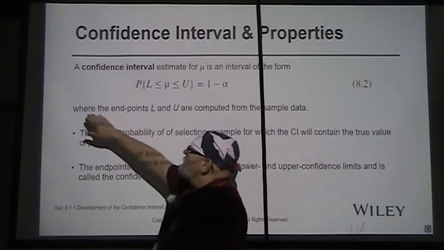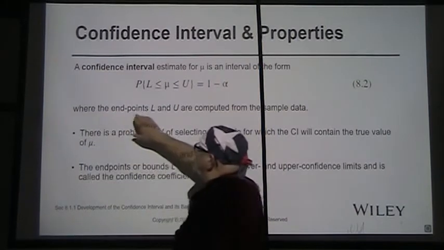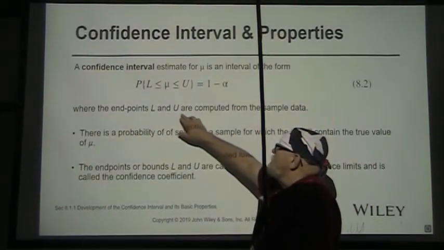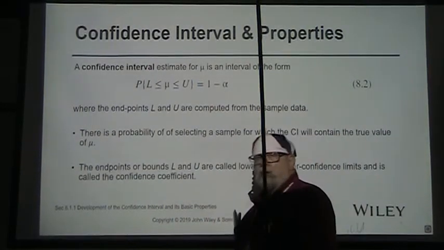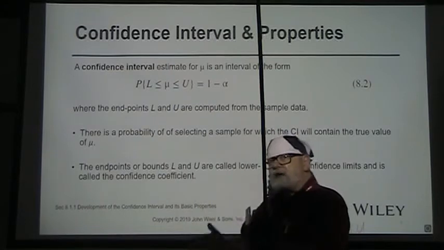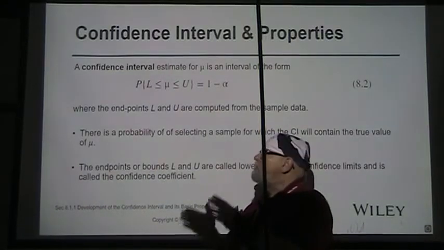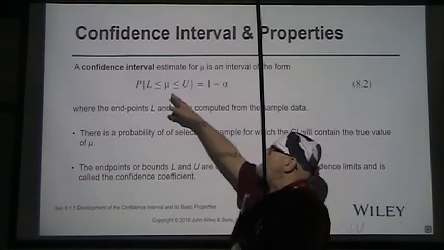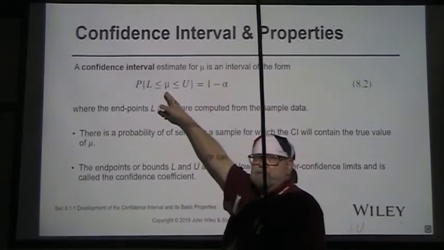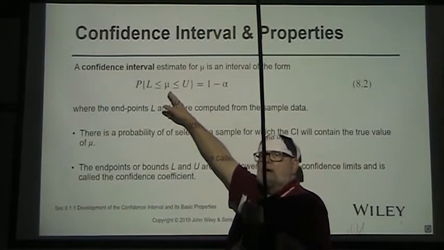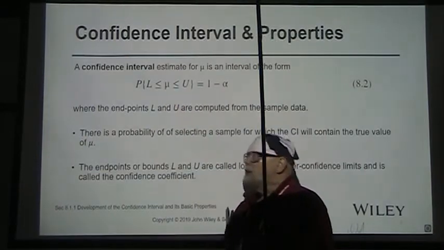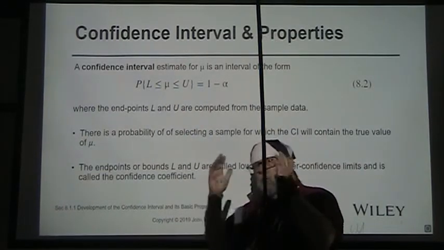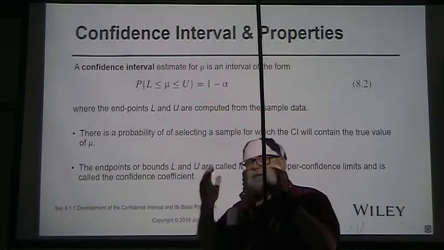All right, this is where the endpoints L and U are computed from our sample data. Okay, so we have a sample. We are going to estimate mu in this case, and we use our sample data to construct an interval that we say, yes, we're pretty sure it's in this interval.